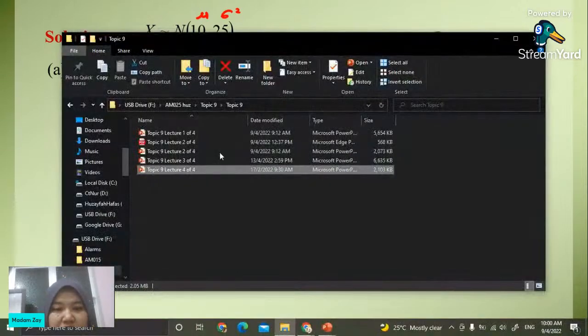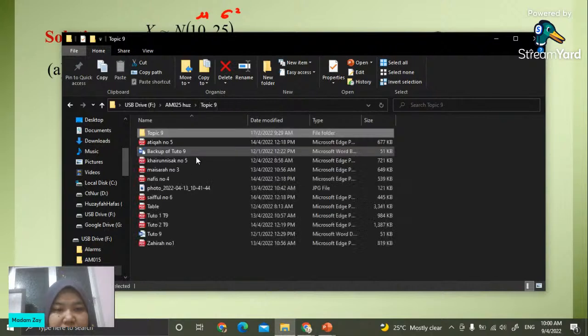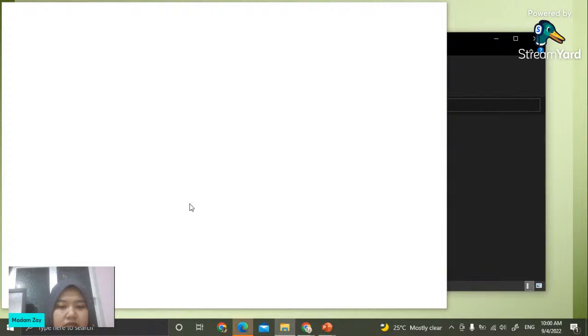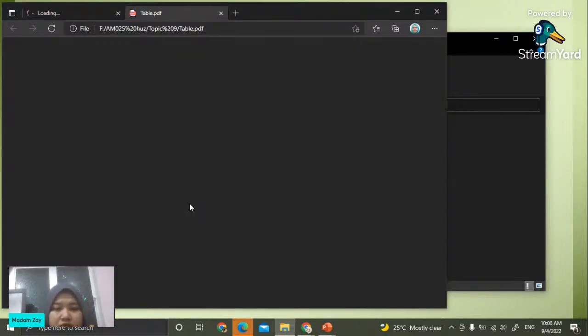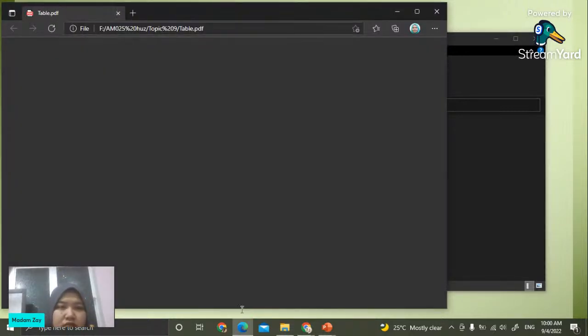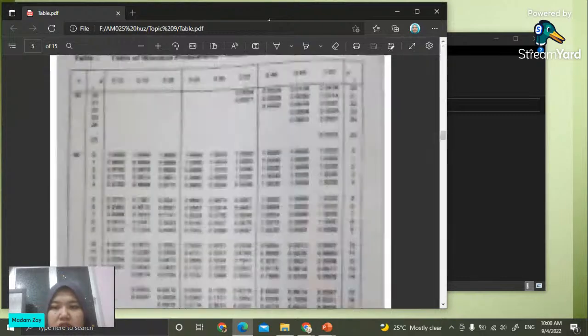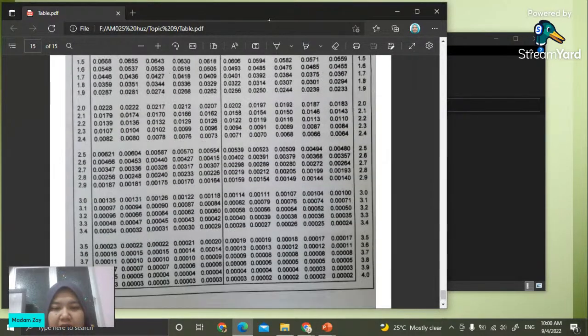So this is our table, the standard normal distribution table at page 21.